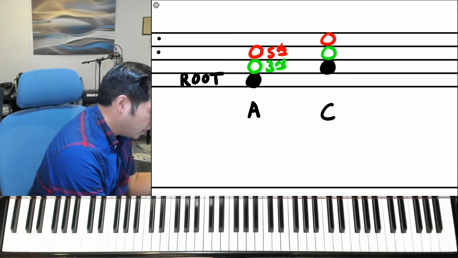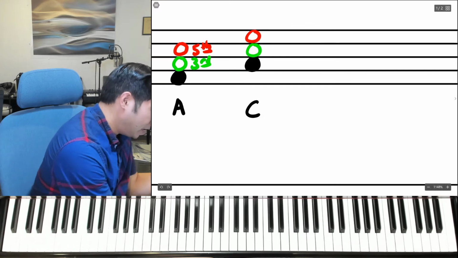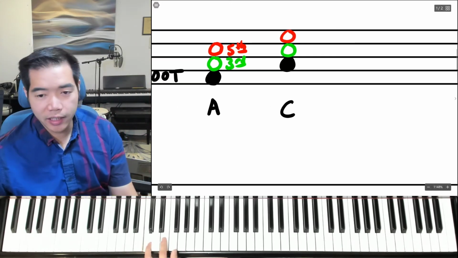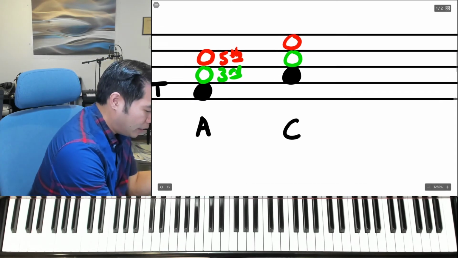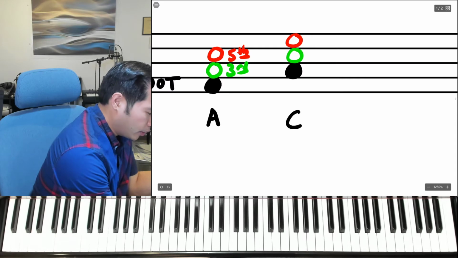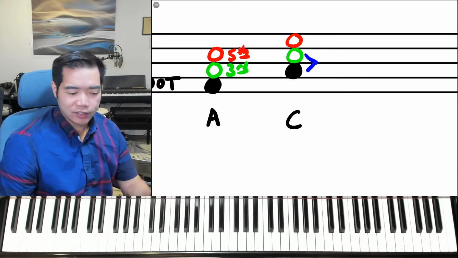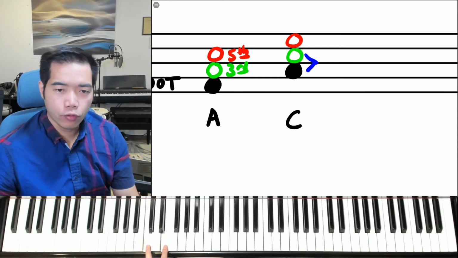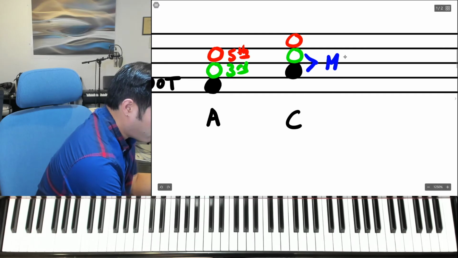So if we can take C as an example here, this is the notes C, E, and G. C, E, and G here on the piano. Let's see what kind of thirds we have. All right, so C to E, if we count the half steps, 1, 2, 3, 4. That's 4 half steps, which means this is a major third.